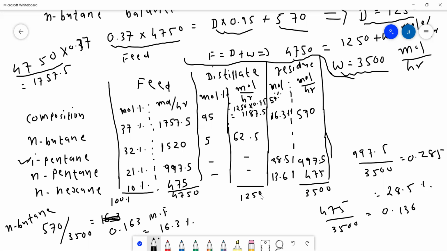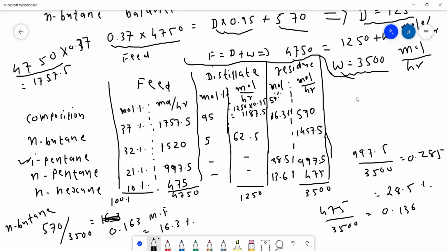If you subtract 570, 997.5 and 475 from 3500, it will be 1457.5. This is the flow rate of isopentane. If you divide it by 3500 you get the fraction, and if you multiply the fraction by 100 you get the mole percentage.